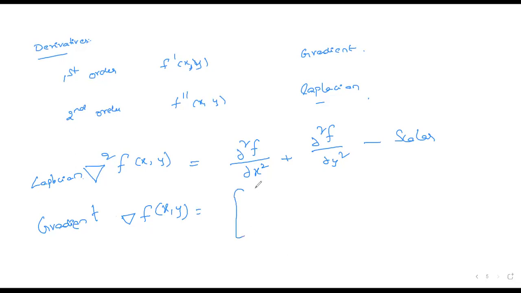For the vector, we represent dou f by dou x, dou f by dou y.